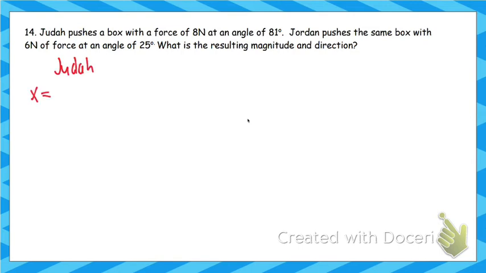His x component would be 8 cosine 81. The y would be 8 sine 81. So we can go ahead and plug those in. So 8 cosine 81 would be 1.25. 8 sine 81 would be 7.9.